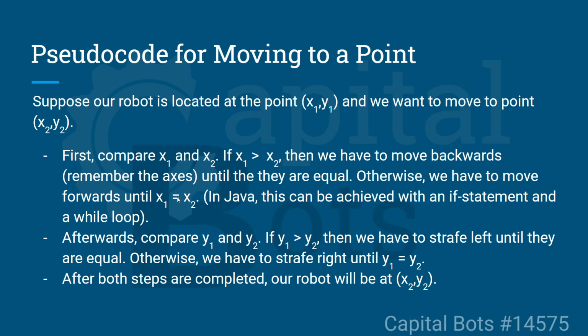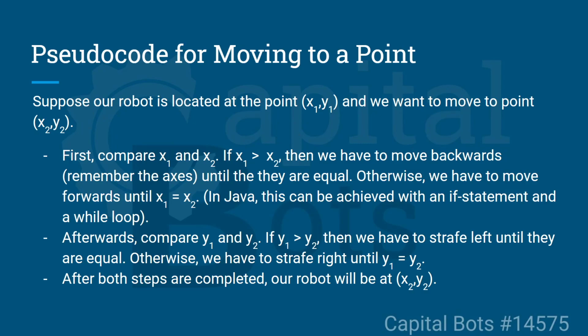Similarly, we do the same thing with y1 and y2, except if y1 is greater than y2, we would have to strafe left until they're equal, and otherwise we'd have to strafe right until they're equal. And then after both of those steps are completed, we'd be at our x2, y2 location.